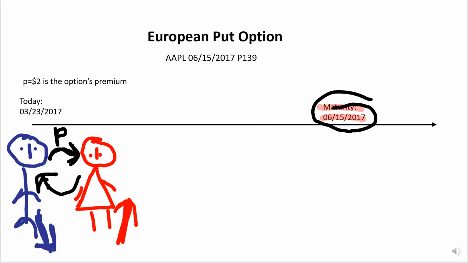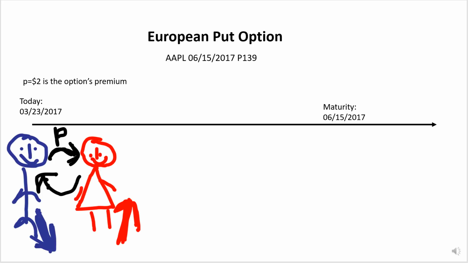So are they happy? Of course, both of them are happy. Why? Because each one of them is confident that the market is going to move in the direction they have predicted. The short investor thinks that the market is going to go up, and the long investor thinks that the share price of Apple is going down.